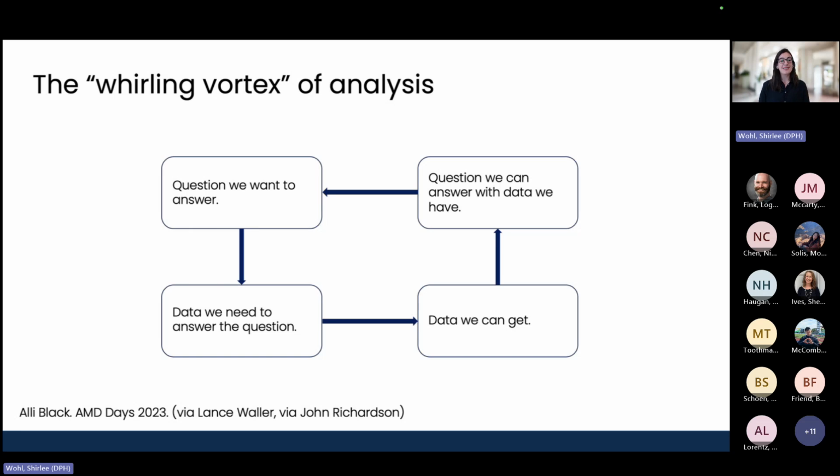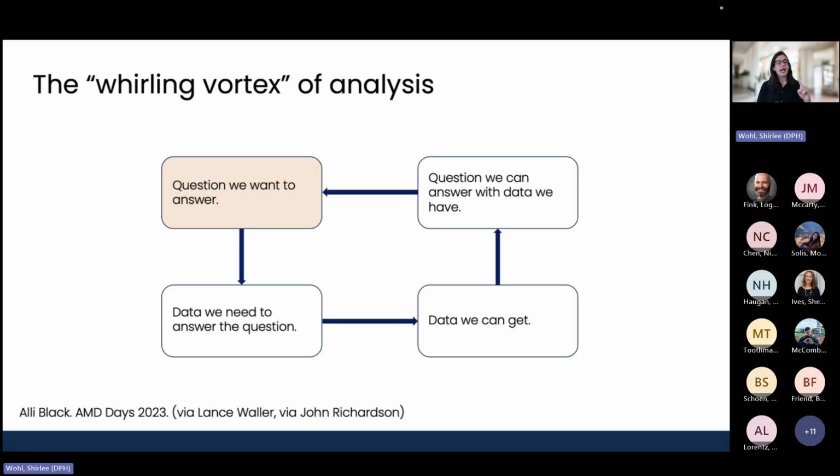But I think it applies really well to genomic epidemiology, because it means that we really need to make sure that we don't get distracted by this new exciting sequencing technology, and we can really focus on the question. So starting with, what is the question we want to answer with our sequencing data? What's the problem we're applying it to in public health?